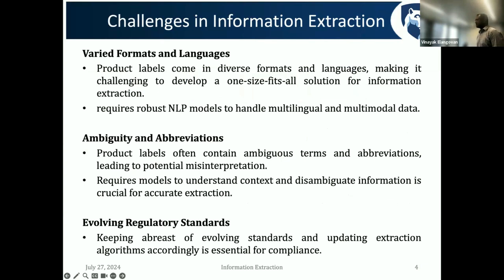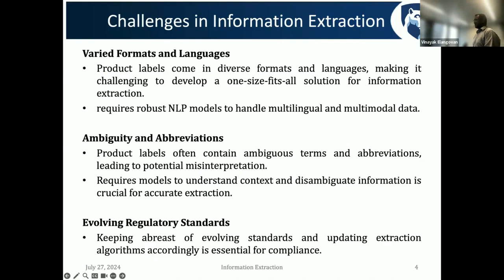The product labels have different languages. Some of the product labels might be vertical, some of them might be horizontal, some might be in a different approach as well. So we require a robust model to handle all this multilingual and multimodal data.